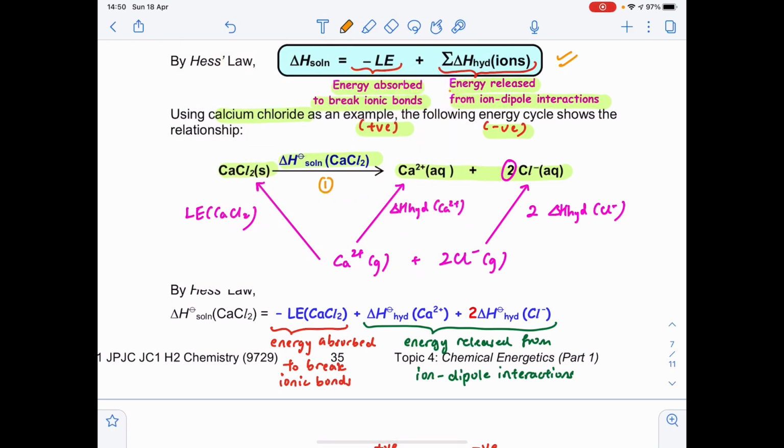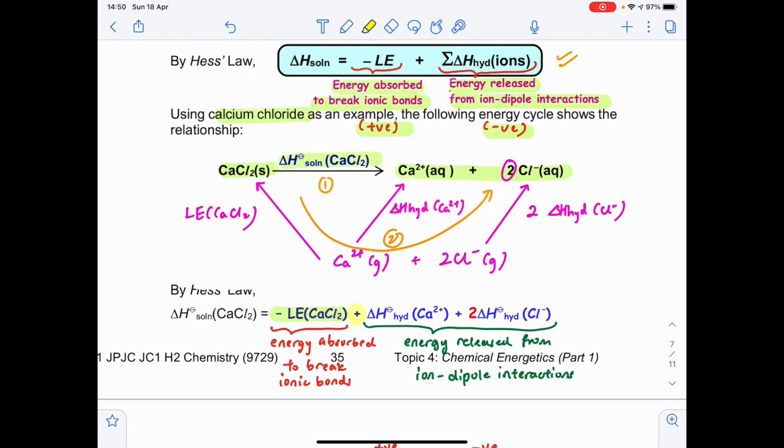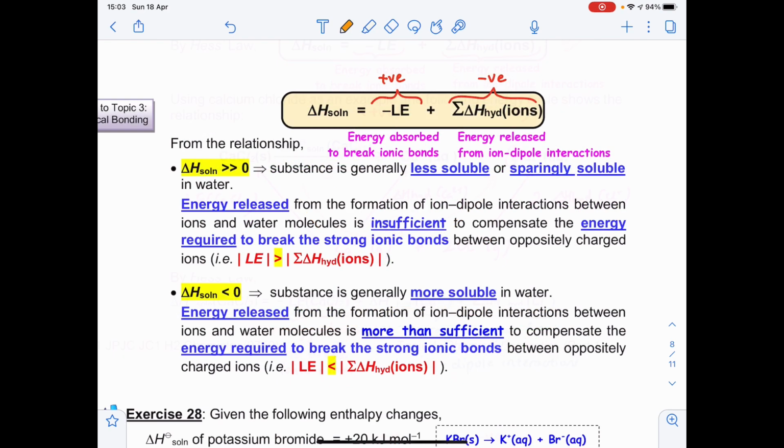This will be the indirect path. It will be equal to minus lattice energy of calcium chloride plus enthalpy change of hydration of Ca2 plus plus 2 times enthalpy change of hydration of Cl minus. So this is the equation to calculate enthalpy change of solution of an ionic compound.